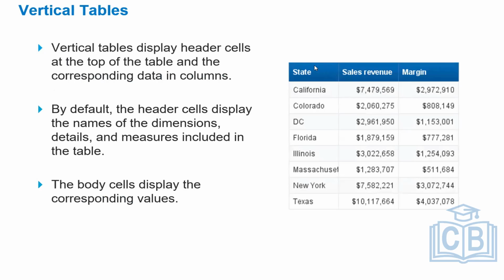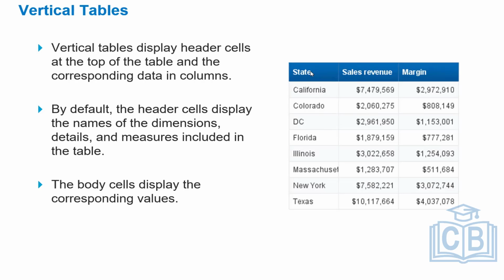It is showing columnar based, row wise data. Vertical tables display the header cells at the top of the table and the corresponding data in columns. So the header is shown at the top of the table and the data is in the columns. By default, the header cell displays the names of the dimensions. If you see, this is the header cell which has a blue background.